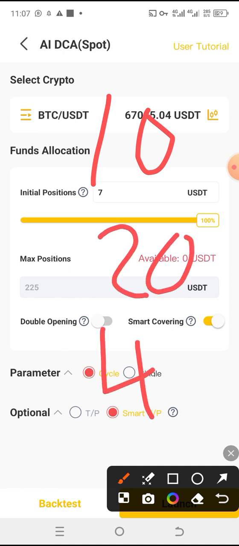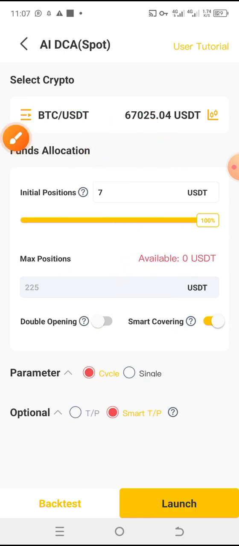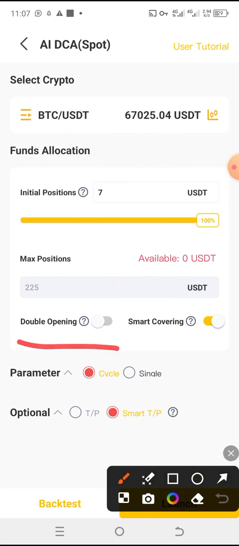Then it goes down, you buy $40. Now, the way it would form the average will be far different from when you are buying $20 at the beginning and $20 again. You understand? So the average will be far different. So that is the reason why sometimes I prefer to stay out of double.